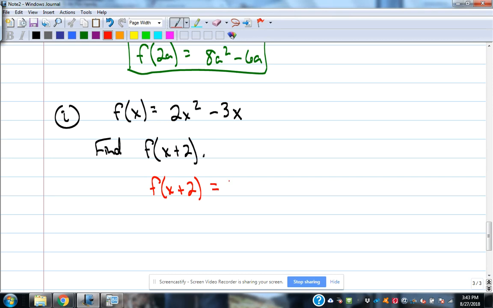So what are we replacing x with? Yeah, x plus 2. All right. When I square x plus 2 right here, what does that give me?